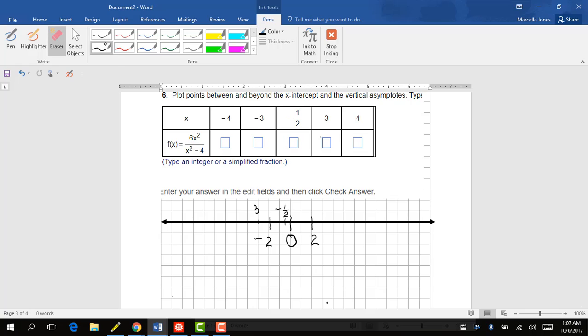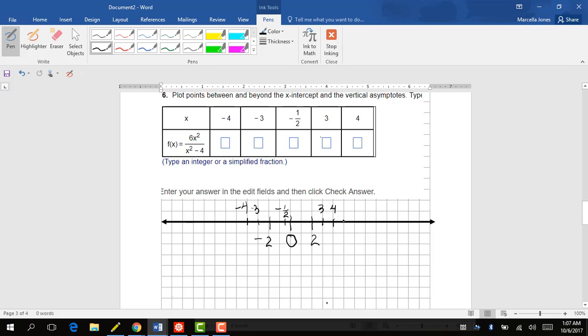Those have also been chosen by my math lab as values, and these values are going to allow me to plot some points. And also 3 was chosen and 4. Typically, you want to choose a value in between the asymptotes and the intercepts and beyond the asymptotes.